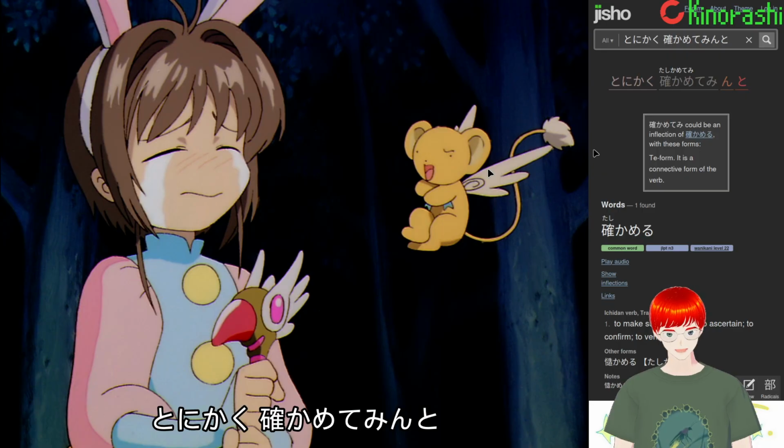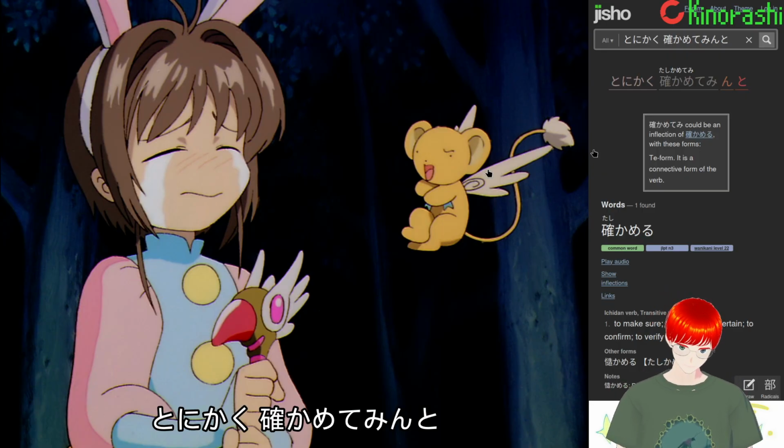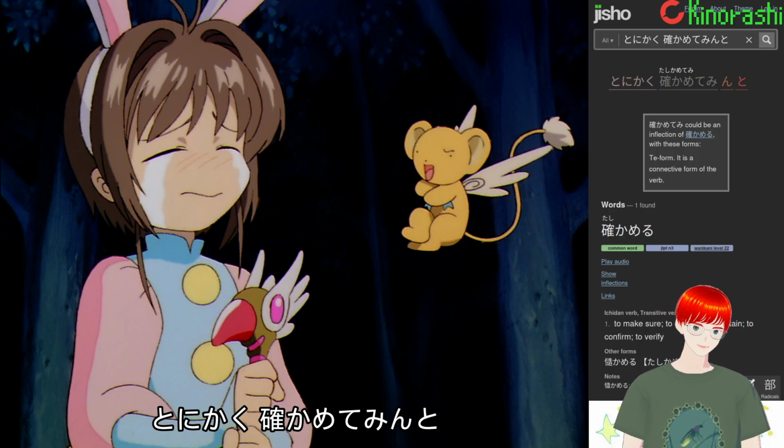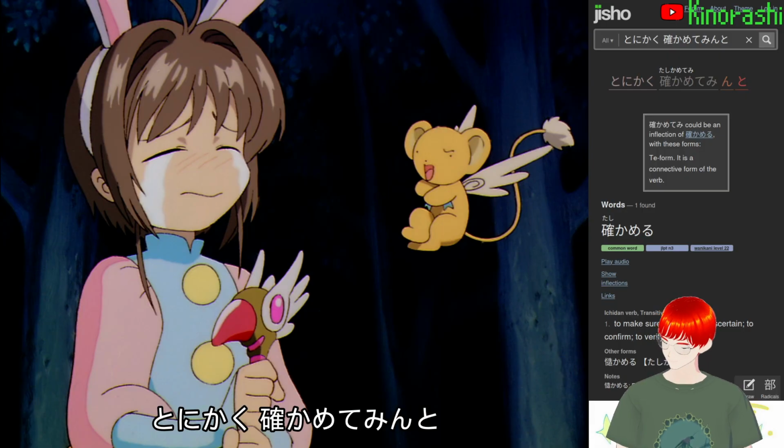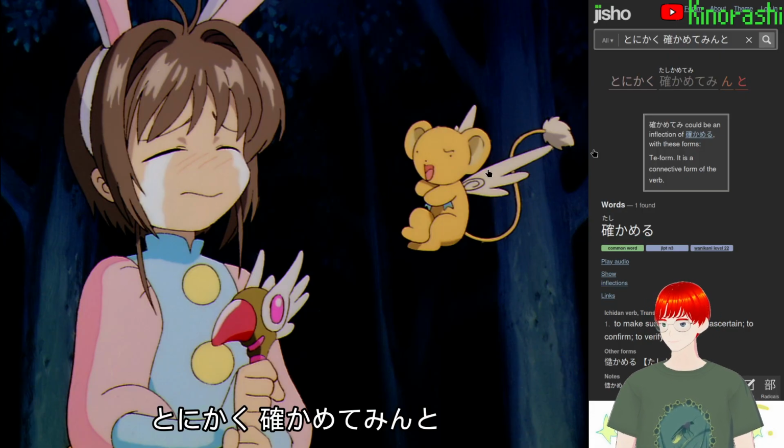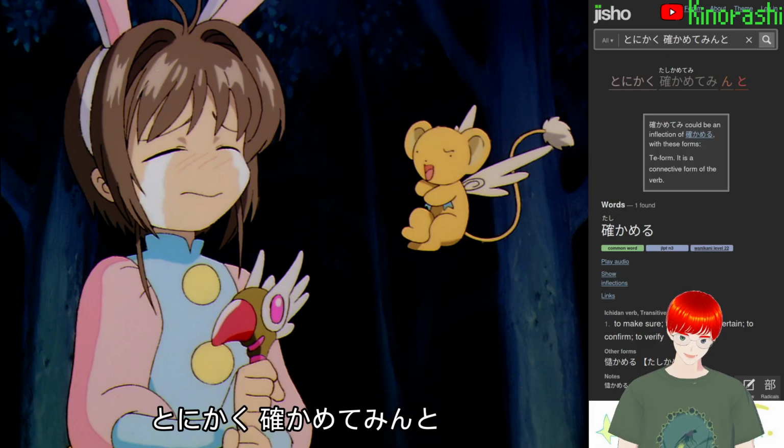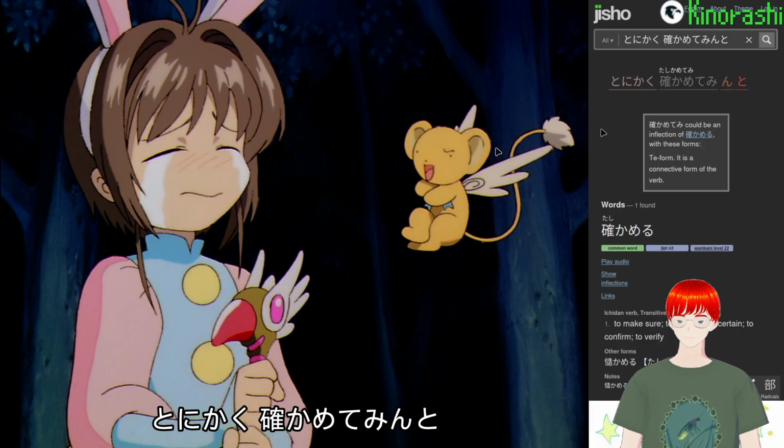So let's make it sound more conclusive. Okay. Tonikaku, tashikamete minto. So that was check. So let's try checking, essentially. Tonikaku, tashikamete minto.